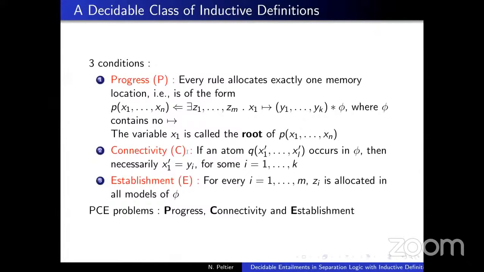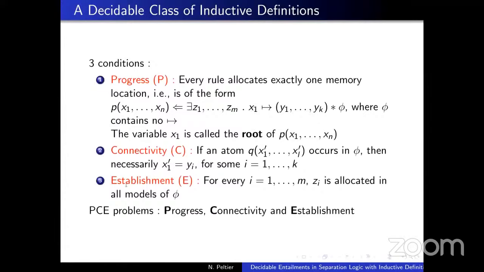Then we have the connectivity condition, which states that the set of allocated locations has tree-shaped structures, meaning that if phi contains an atom here, of this form, then necessarily the root of this atom must be connected with the variable x1.